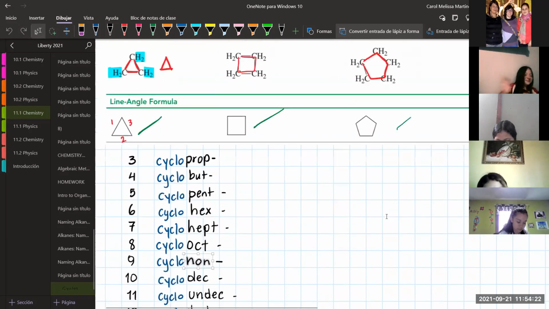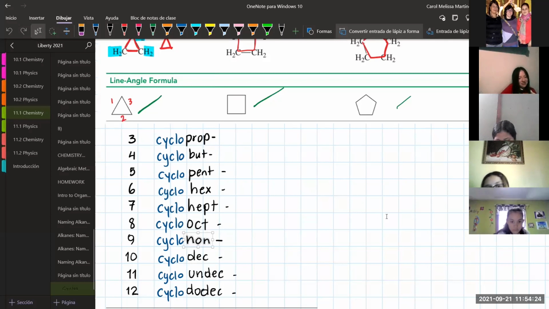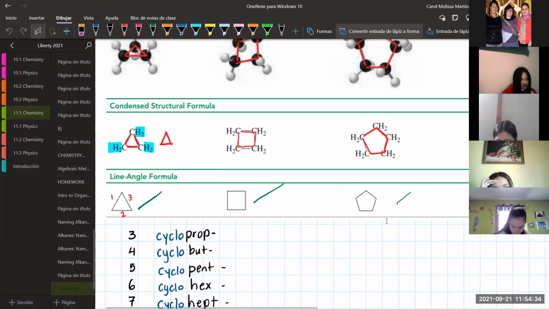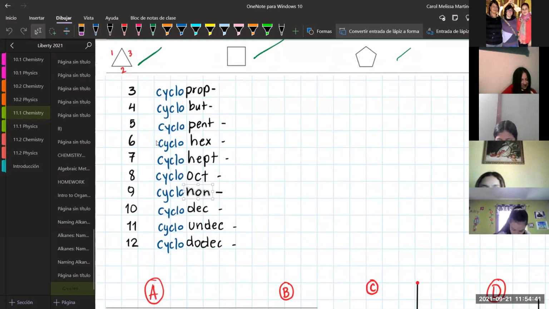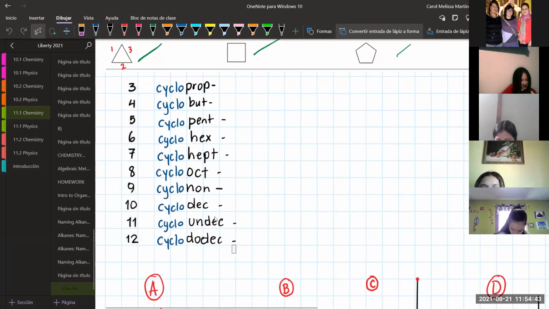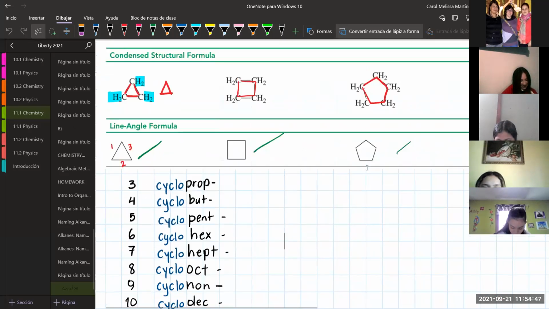Okay, so it's going to be as simple as that, just like we saw in math when you were in 9th grade. I know I didn't teach you math in 9th grade, but you know, okay? Follow the number and follow the prefix for each number.